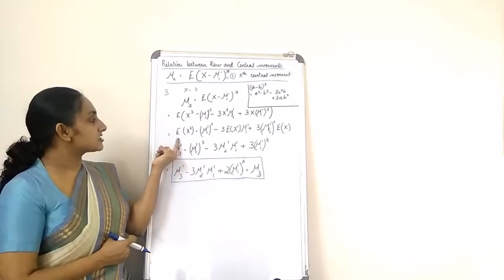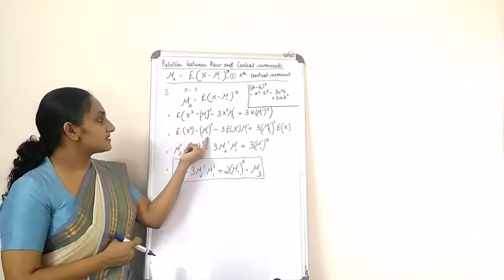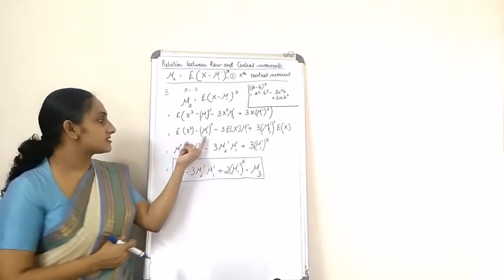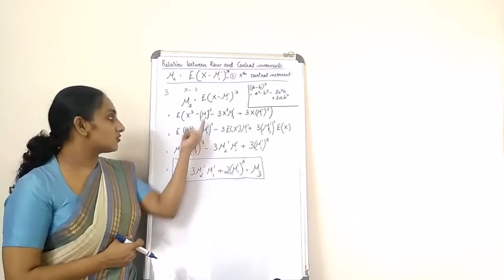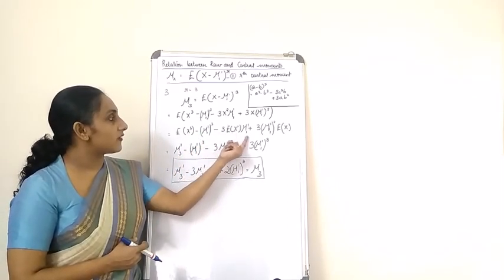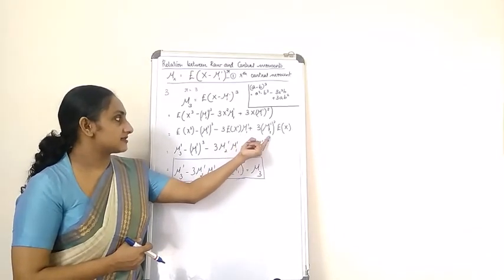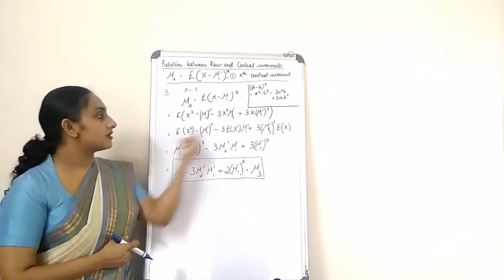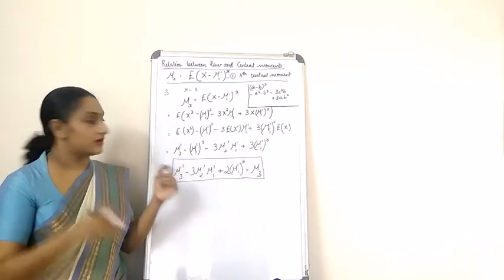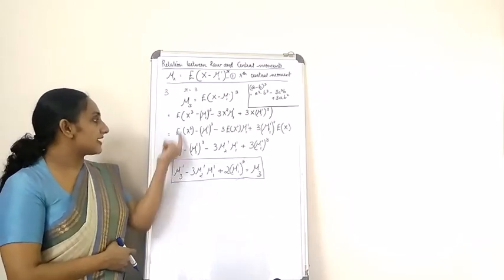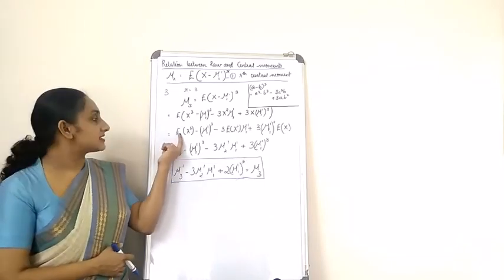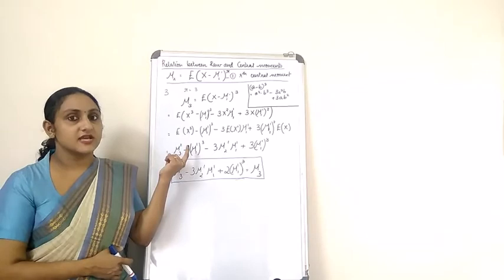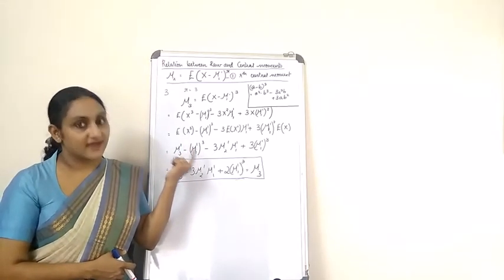I get the expectation of x cube minus mu1 dash cube itself, because even if you take the expectation of mu1 dash you get the same answer, minus 3 into the expectation of x square times mu1 dash, plus 3 mu1 dash square multiplied by the expectation of x. Now I have to convert all these in terms of mu dash and mu. The first term is mu3 dash. Why? Because we have the result that the expectation of x raised to r is nothing but mu r dash.